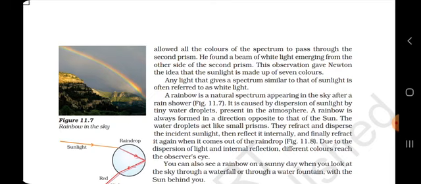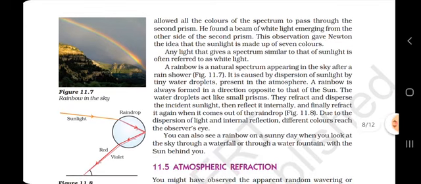The drops refract and disperse the incident sunlight, then reflect it internally, and finally refract it again when it comes out of the raindrop. Due to the dispersion of light and internal reflection, different colors reach the observer's eye, and that is known as the rainbow.